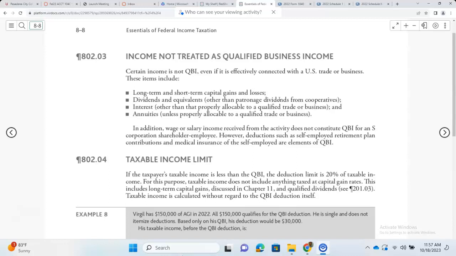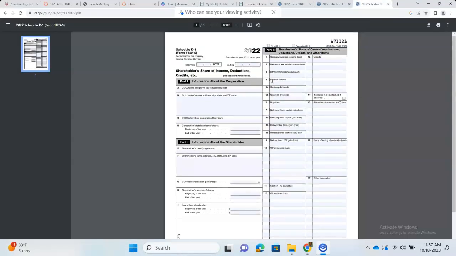I don't know. And this goes on Schedule K1. Schedule K1, you just showed that just now. You see in Schedule K1, we have several boxes.